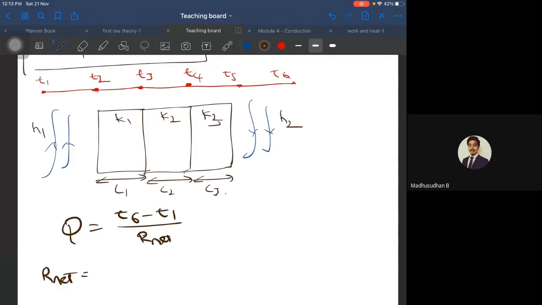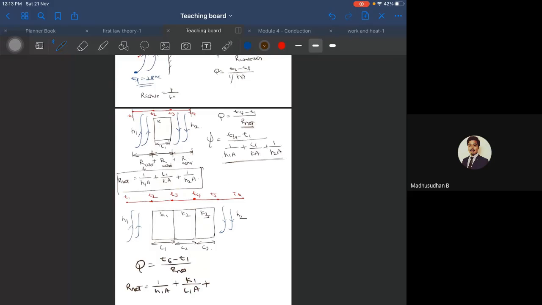First one is R due to convection, 1 divided by H1 into A plus. Next, T2 to T3 is nothing but conduction. So the resistance offered by the conduction is L1 divided by K1 into A. Yes, you're right.